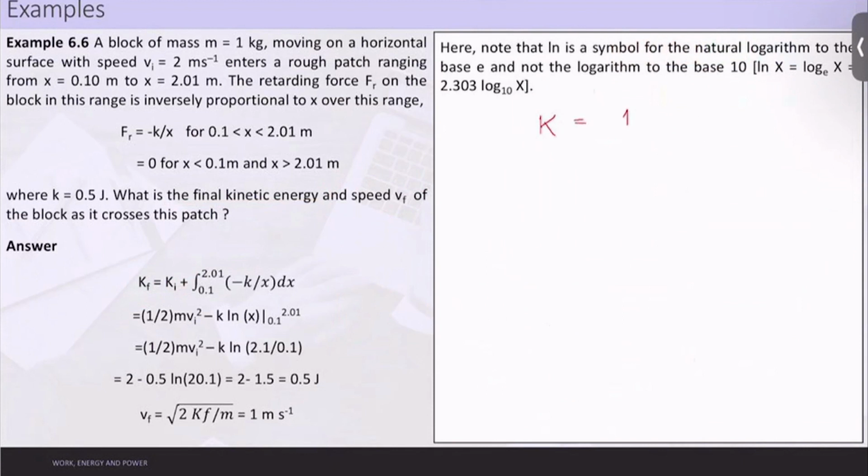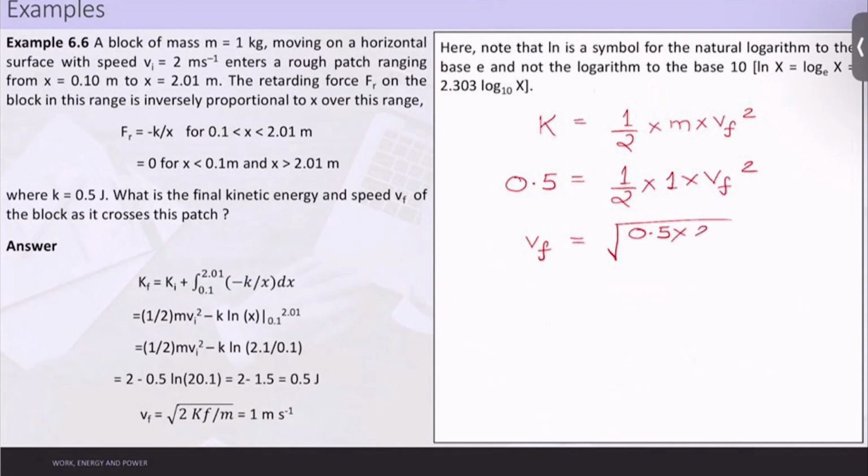It is nothing but equal to half m vf square. Just put the values here. It's half into mass into vf square. Correct? So therefore vf is nothing but equal to root over 0.5 into 2 by 1. So vf is nothing but equal to under root 1, which is equal to 1 meter per second.